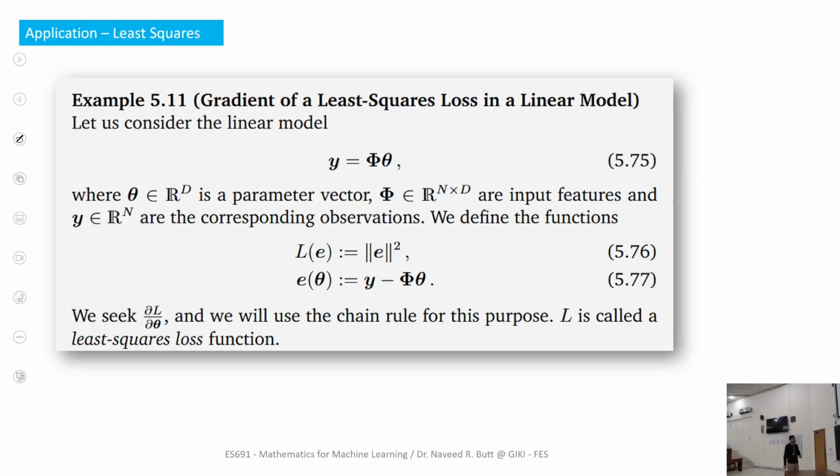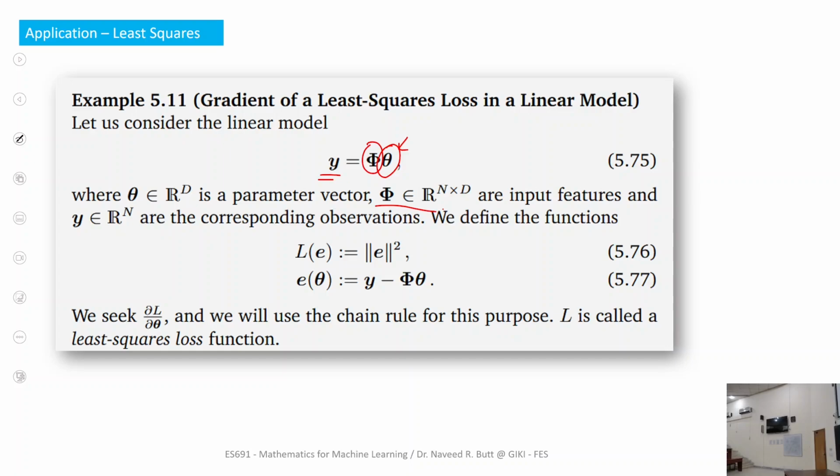So you have a linear model, y is phi theta, where phi is a matrix. This is a parameter vector, and usually the data is here, and these are your neural network parameters, the weights and the biases, right? And this is the output they give together, and what's in your control is this guy.